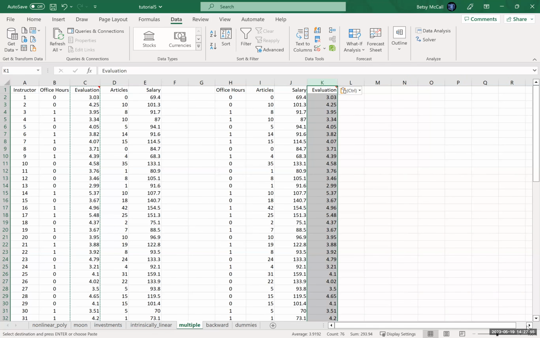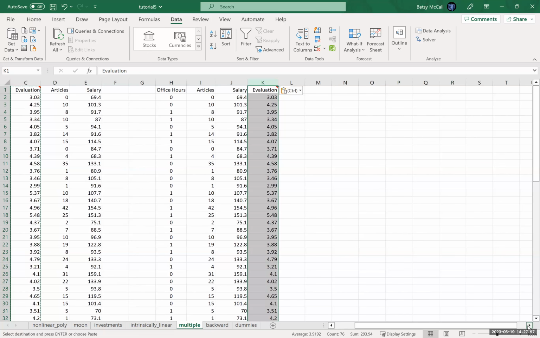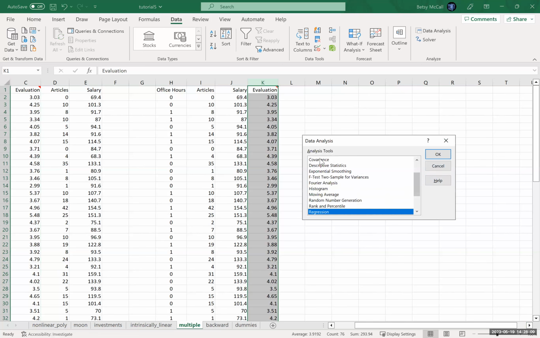And one evaluation that we can do before we go to the Data Analysis ToolPak is look at the correlations of all of these variables with each other. So let's look at the correlation.